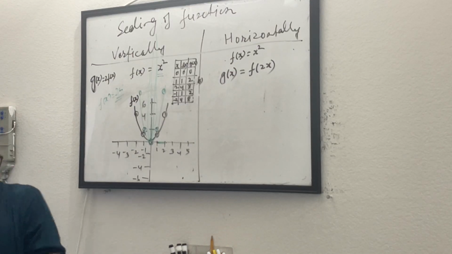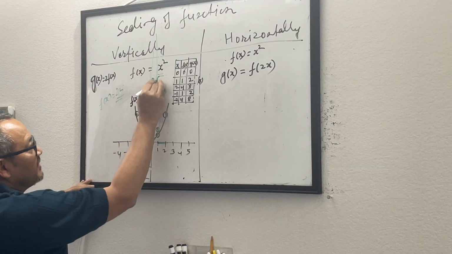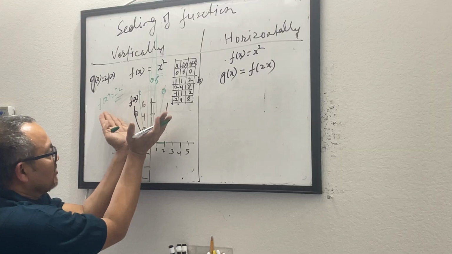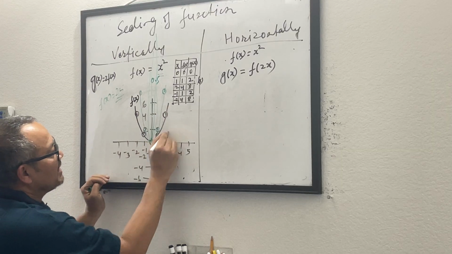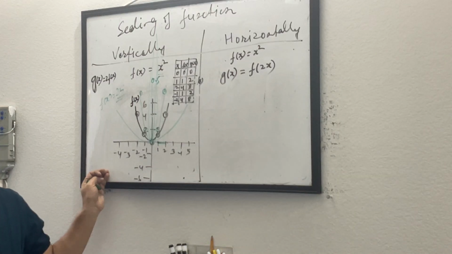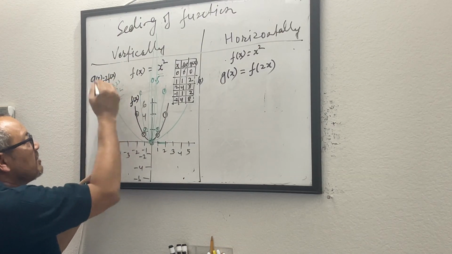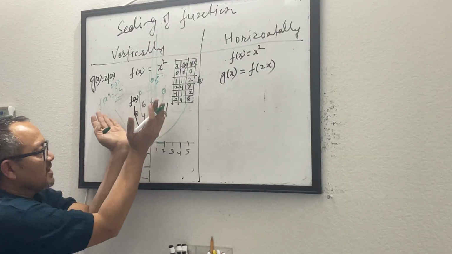On the contrary, if you multiply this by 0.5, you are flattening it out. So your rate of increase of y gets halved. You multiply by 0.333 or 1 by 3, you will see it becoming even more flat.